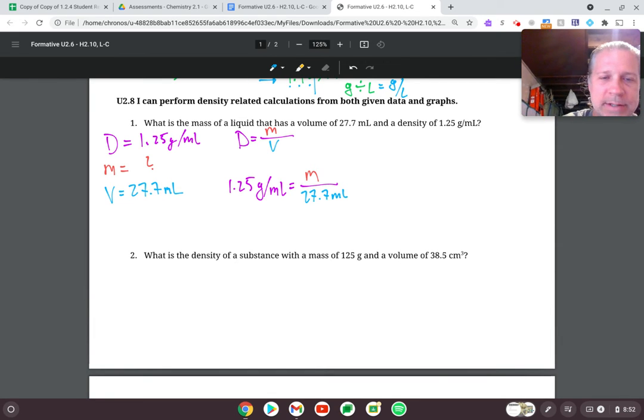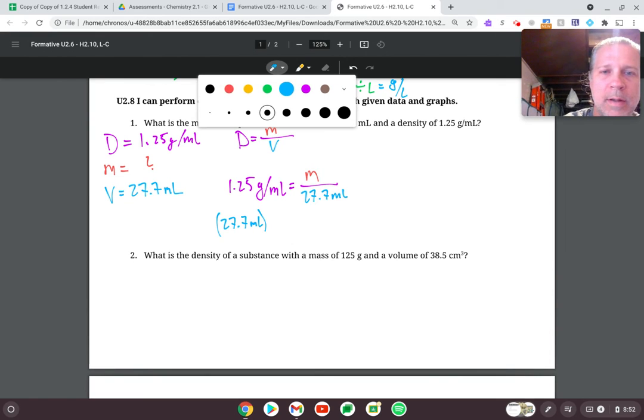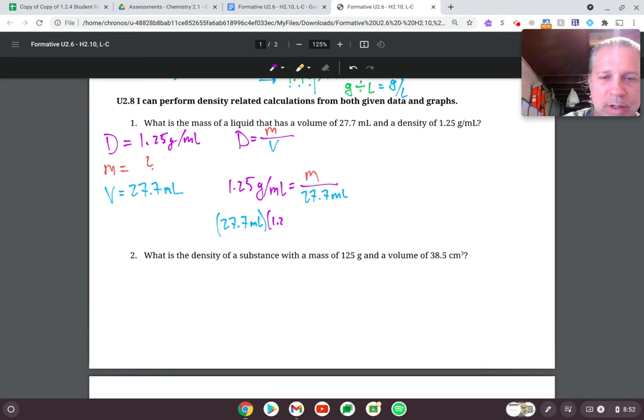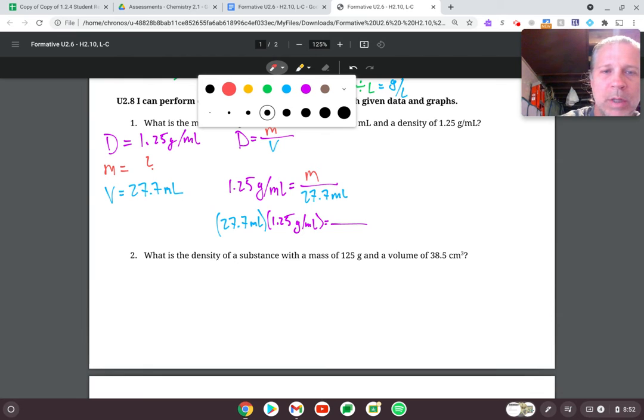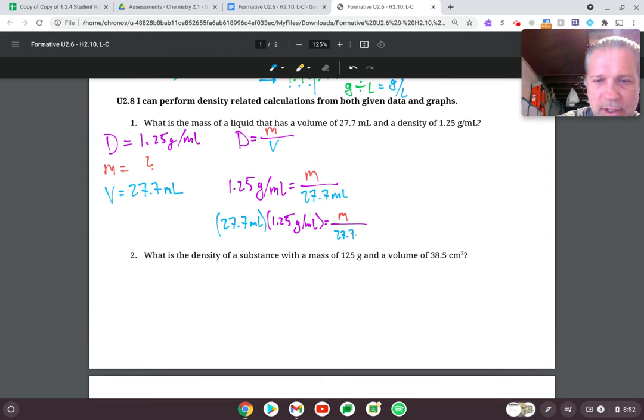And as I've always done in the past, I usually show all that work just so that everybody is aware of where I'm getting my numbers from. So it's going to be 27.7 milliliters times 1.25 grams per milliliter with a mass, and the 27.7 milliliters times 27.7 milliliters.